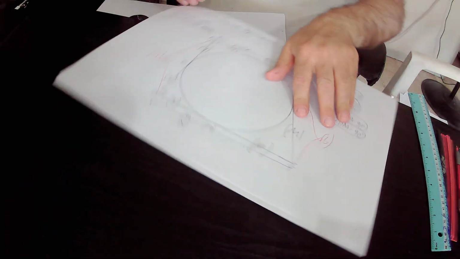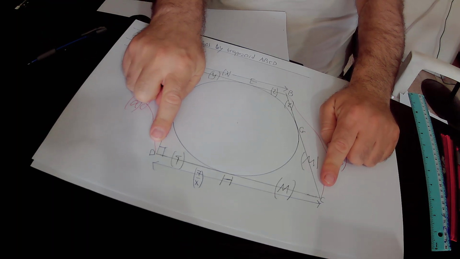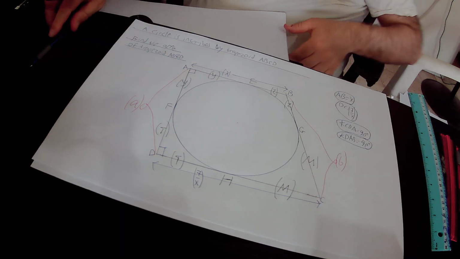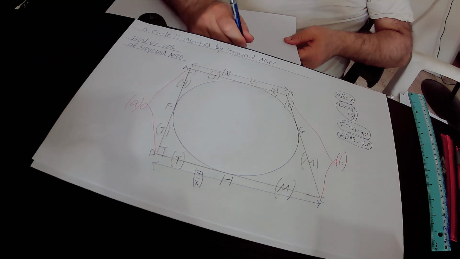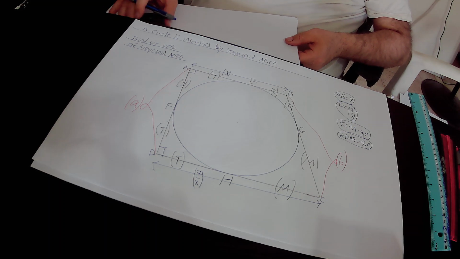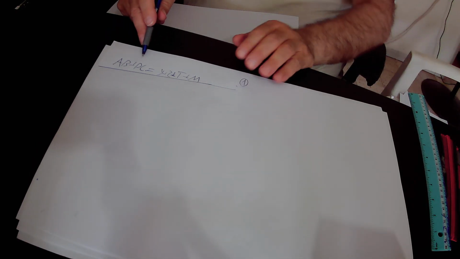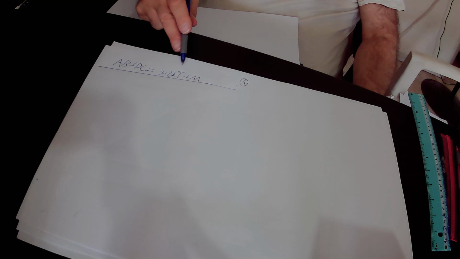And the opposite side DC equals t plus m according to rule 2. DC in total equals t plus m. So in total, we found out that AB plus DC equals y plus z plus t plus m.